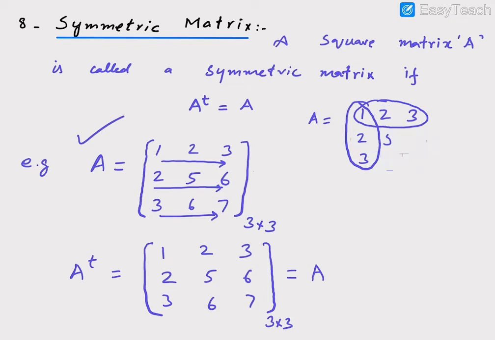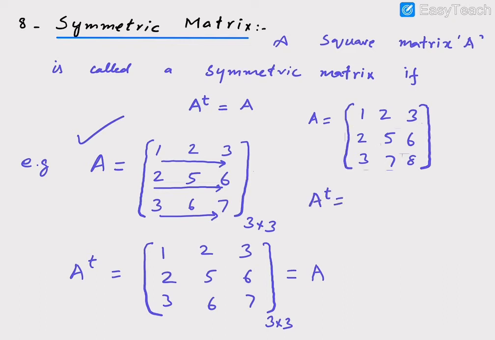For example, 1, 2, 3, 5, 6 and 7, 8. Now if you take its transpose, what will A transpose be? Change row into column. So this row changes into the column 1, 2, 3.